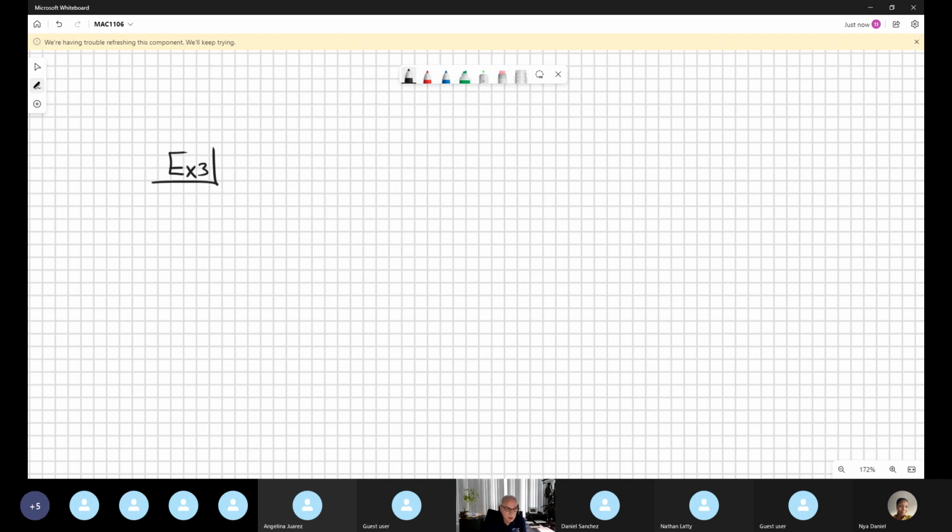Okay. Example 3 says, logarithm base 14 of x plus 5 equal 1 minus logarithm base 14 of x. Okay, so I remember that the professor explained to me that step 1 is condensing, but in this case it's impossible, because one logarithm is located on the left hand side and another is located on the right hand side.